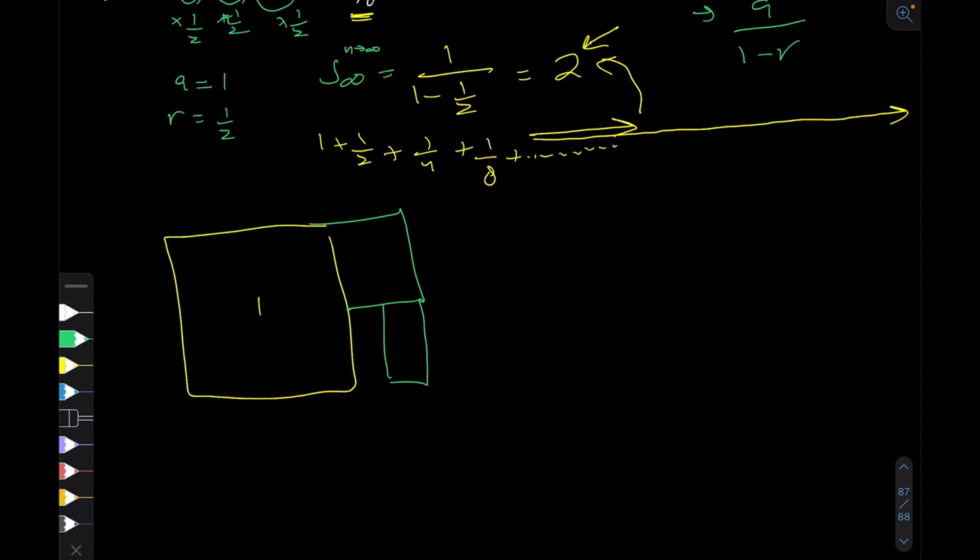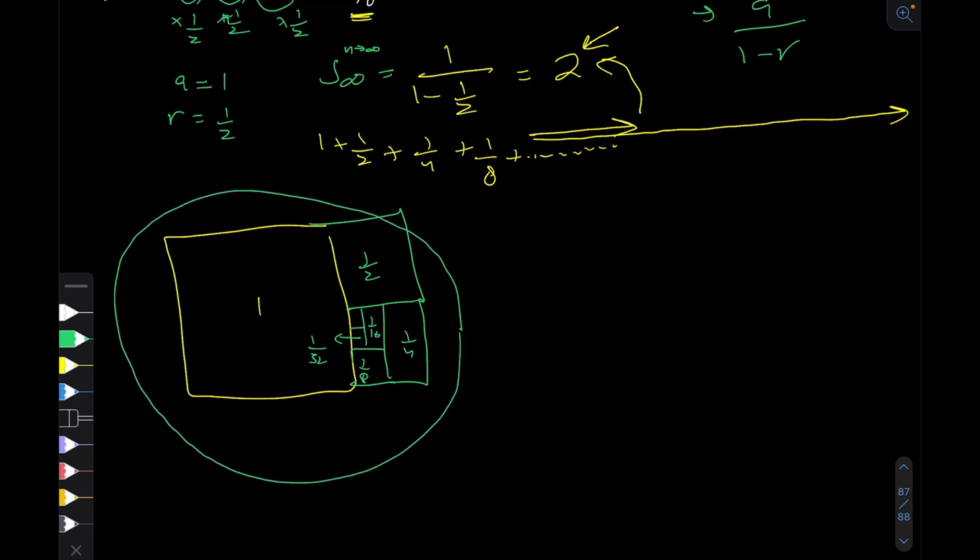And to the fourth, you add an eighth, so half of this. Right? So this is half, this is fourth, this is eighth, and then half of this, 16th, half of this, 32. So as I'm chopping finer and finer pieces, you'll realize that I'm getting closer and closer to completing this big picture that has the area of 2.